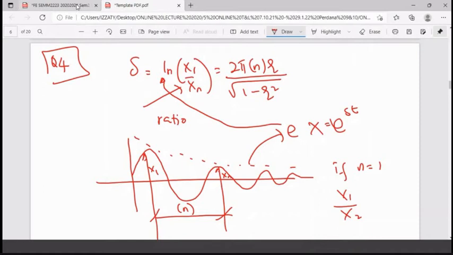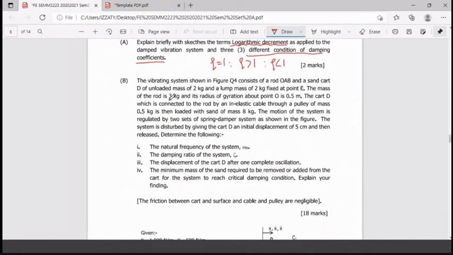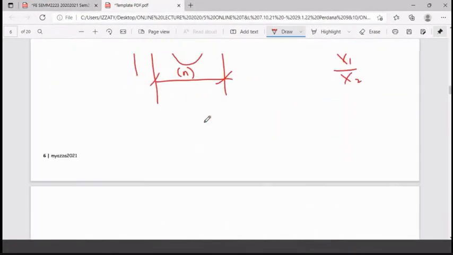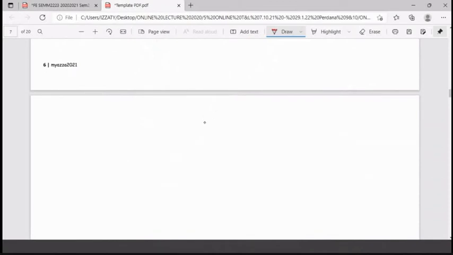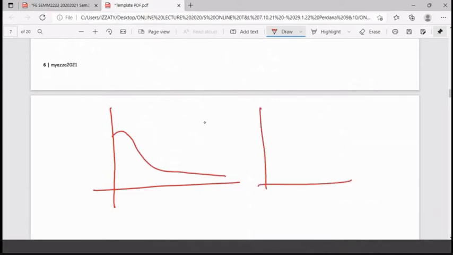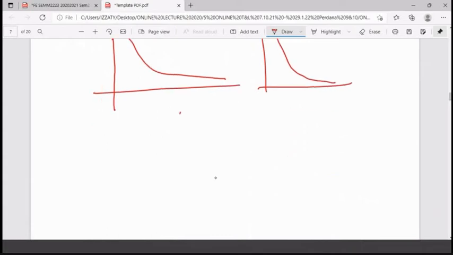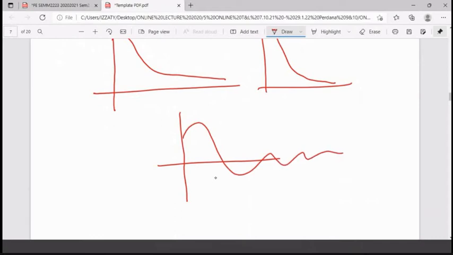And the other thing to share with you is what we learned in class. Critical damping means zeta equal to 1, then zeta greater than 1, and zeta less than 1.